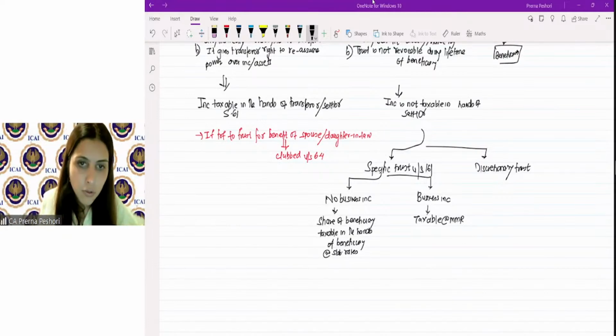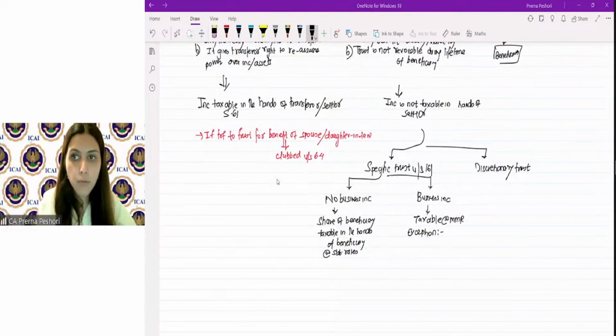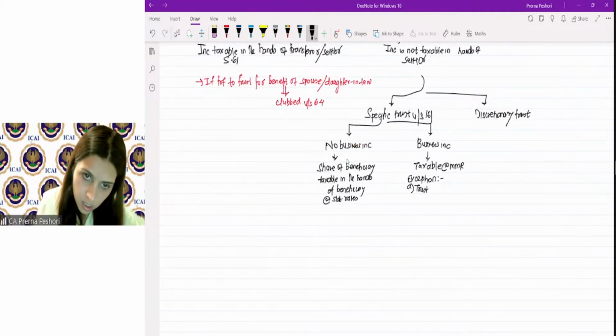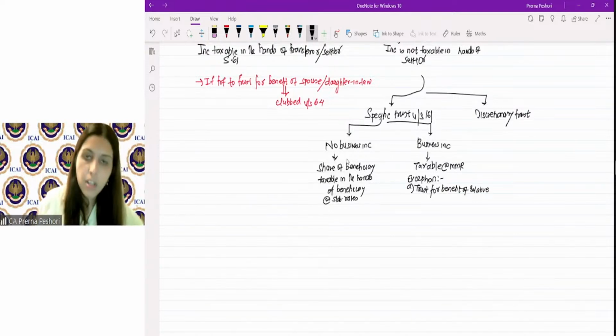However, there is an exception to that. The exception is basically where the trust is for the benefit of the relative.